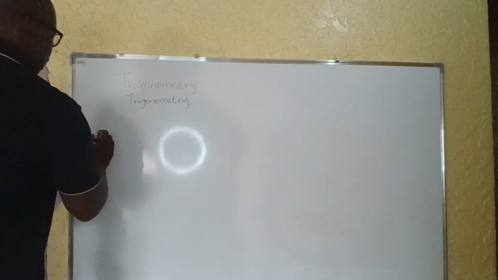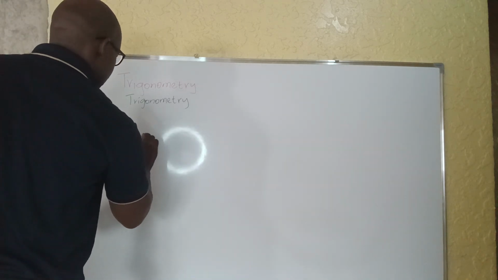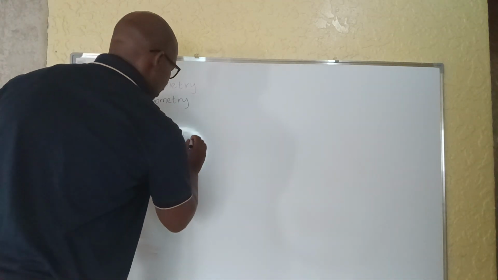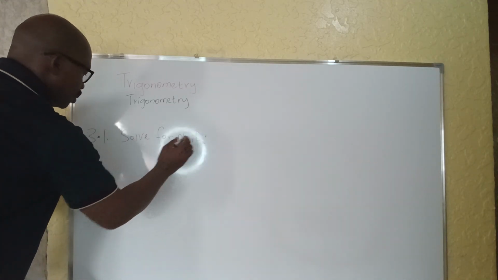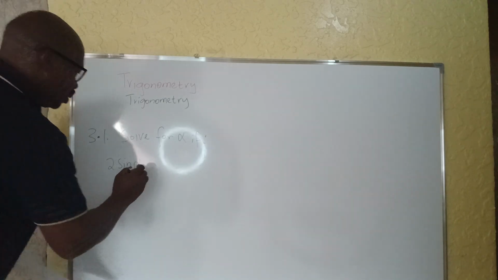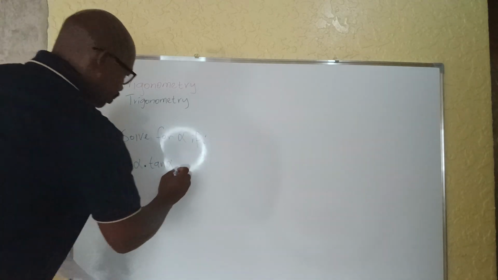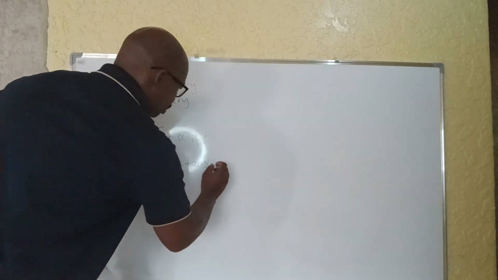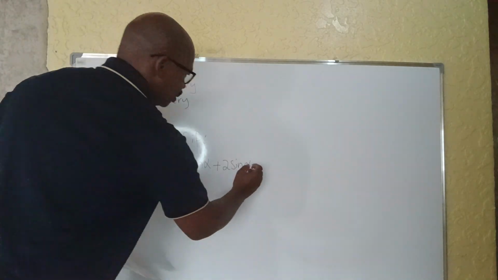Right, this is 3.1. Solve for alpha, if 2 sine alpha multiplied by 10 alpha, minus 10 alpha, plus 2 sine alpha is equal to 1.